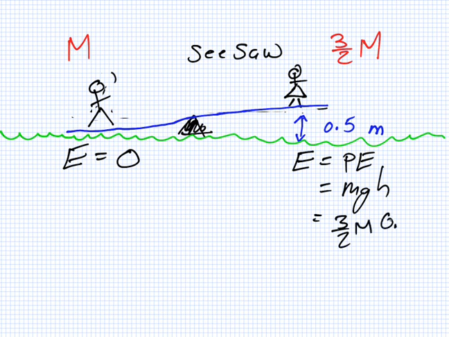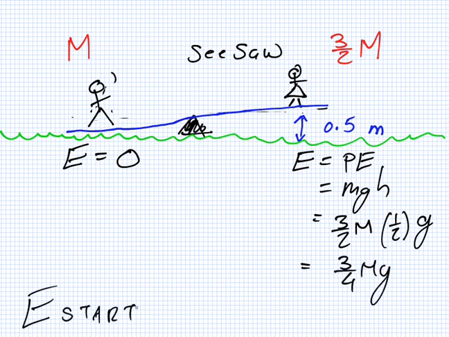So in other words, 3 over 4 mg. That's her energy. So in total, the energy at the start is 3 over 4 mg.